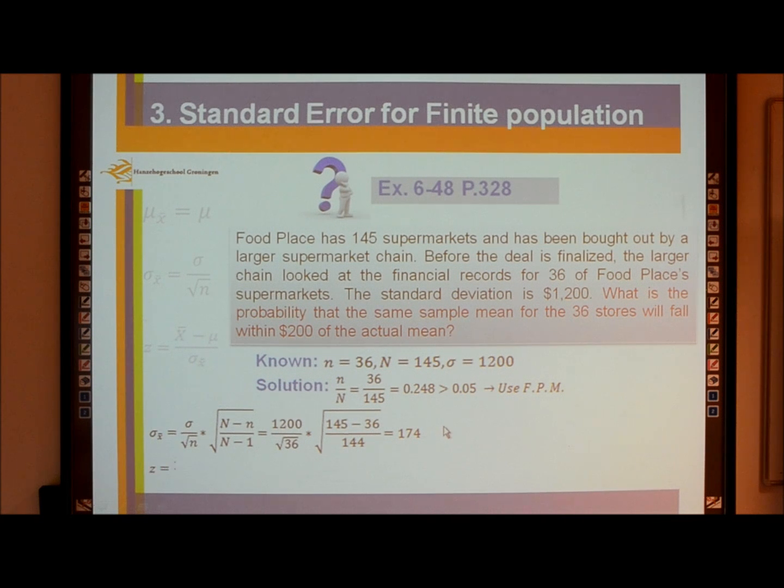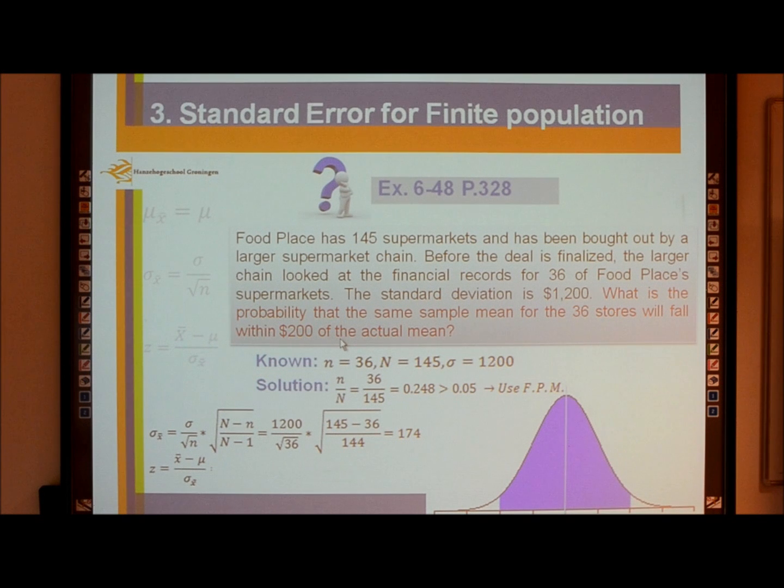After you know your standard error, you can calculate the z-score. In this case, we don't know the x-bar, and we don't know the population mean, mu. But the question tells us about the difference between x-bar and mu. That will be $200, because it says will fall within $200 of the actual mean.